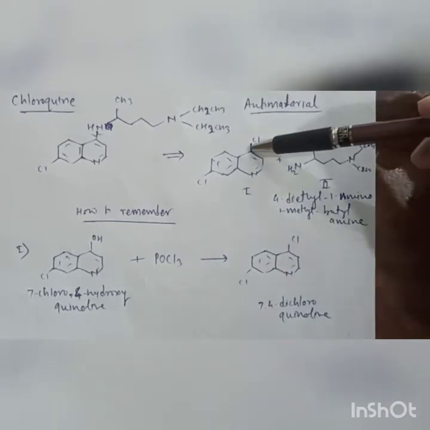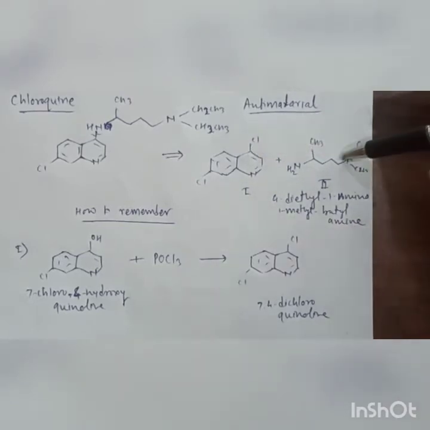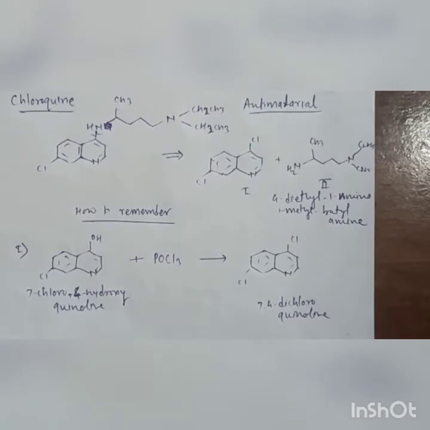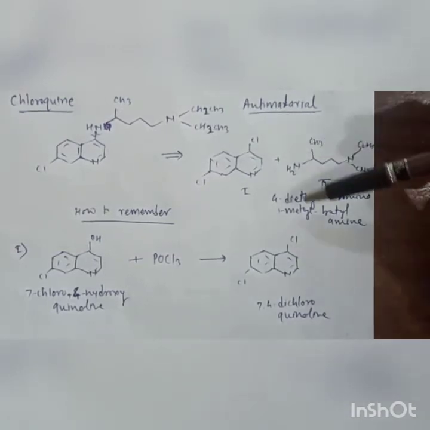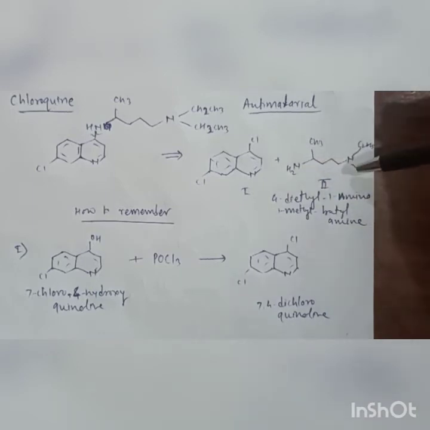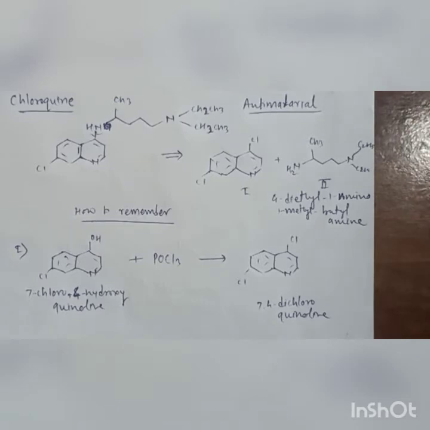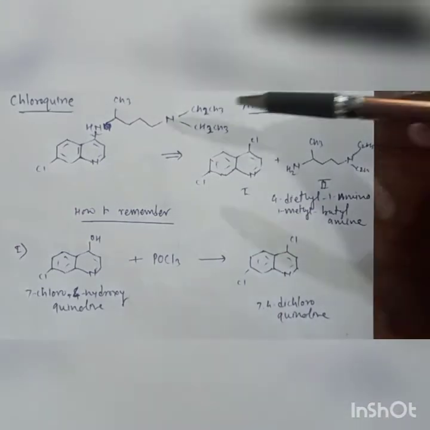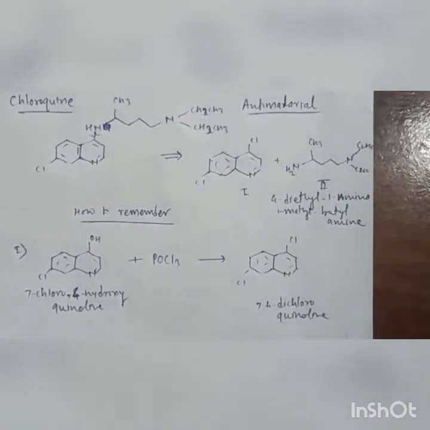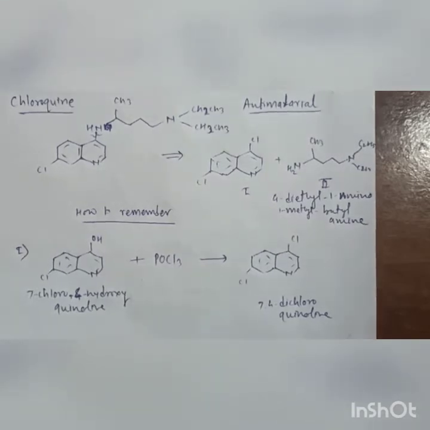So you have to just react these 2 components to form the chloroquine. Obviously there will be steps to synthesize this one, but so as to remember the important starting materials of synthesis of chloroquine, you have to disconnect the bond so as to get the precursors. So this is a way to remember the synthesis of chloroquine.